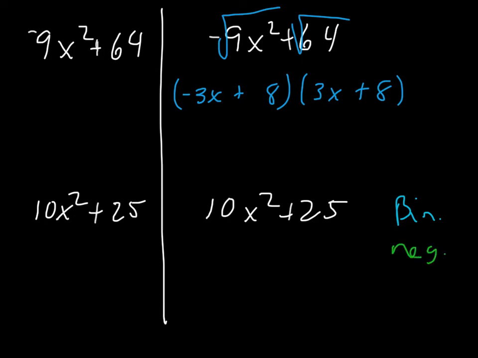That's bad. So I cannot factor. I can't use a shortcut. And we'll learn something else about this process as well. But that's it. The very first thing you're looking for is one of them to be negative, one to be positive. If they are, then you take the square root of the first and the square root of the second. If they're perfect squares, then you can do the shortcut.